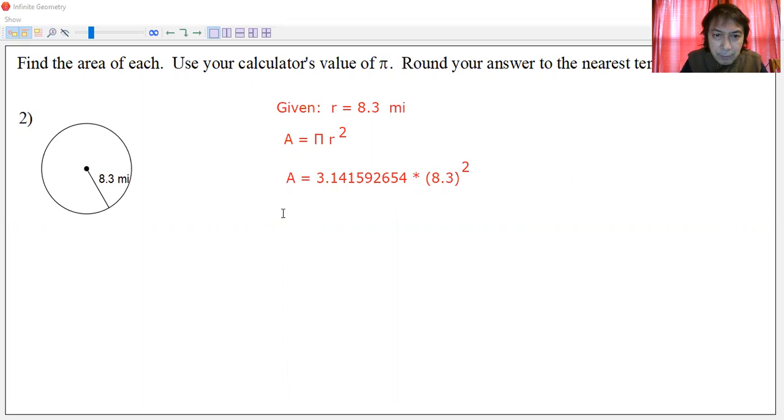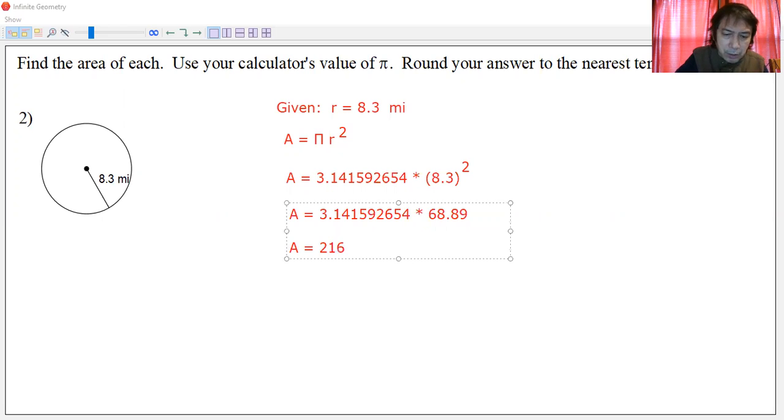So A is equal to 3.141592654 multiplied by 8.3 squared, which is 68.89. We multiply this by pi and we have something like 216.43179.